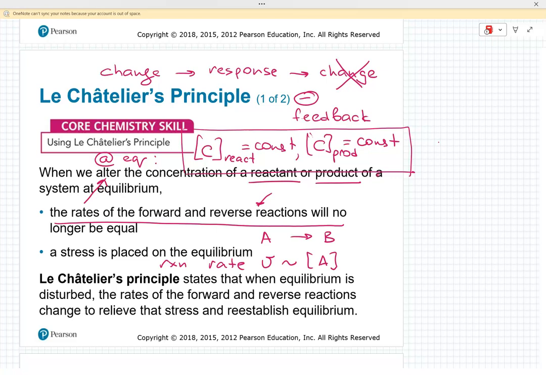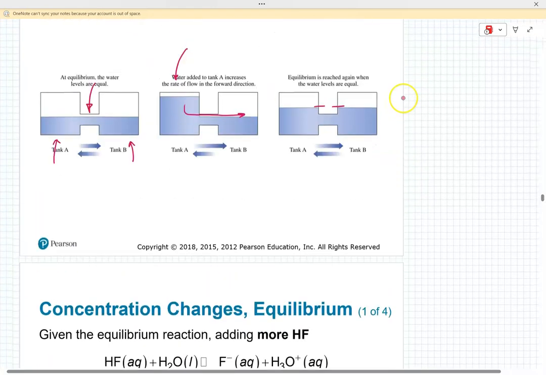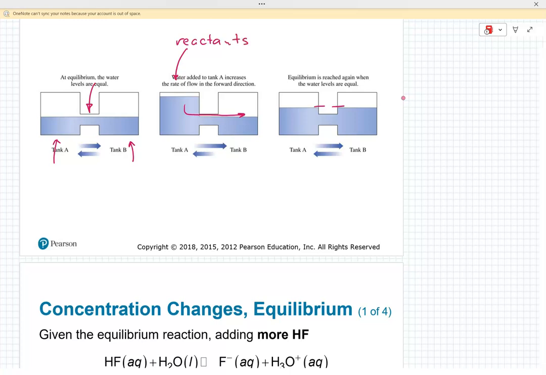Right? So, if you add a little bit more, let's call them reactants, okay? And this is products, right? If you add more reactants, then the reaction from left to right will have greater rate.